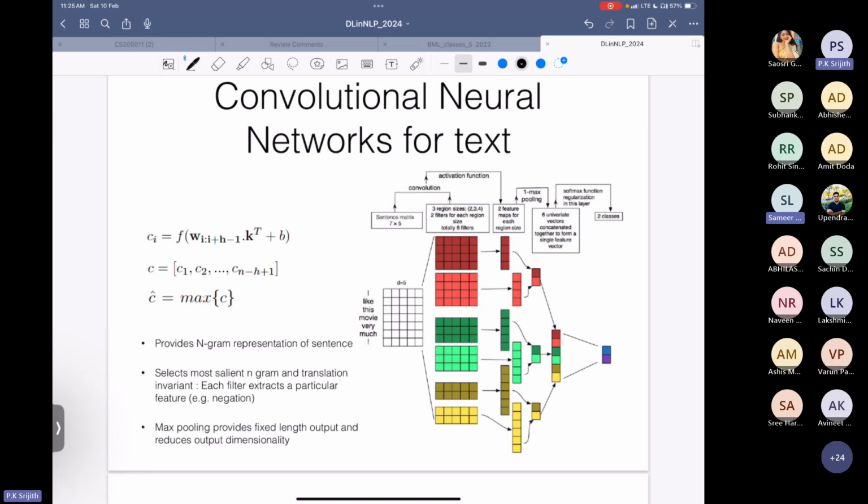Reduced parameters. Yes, that will reduce the number of parameters in a very high dimensional input, right? Okay, fine. Then what are these filters doing? What are these filters trying to capture? The features. Spatial patterns.